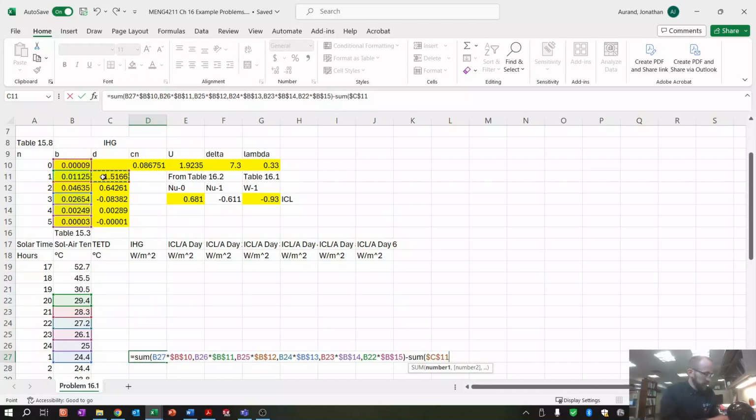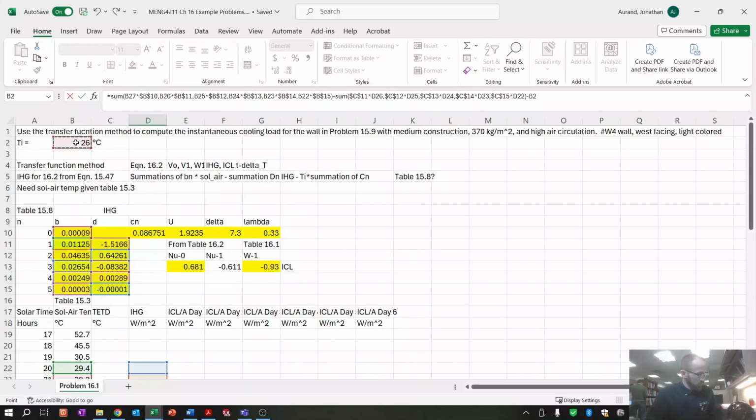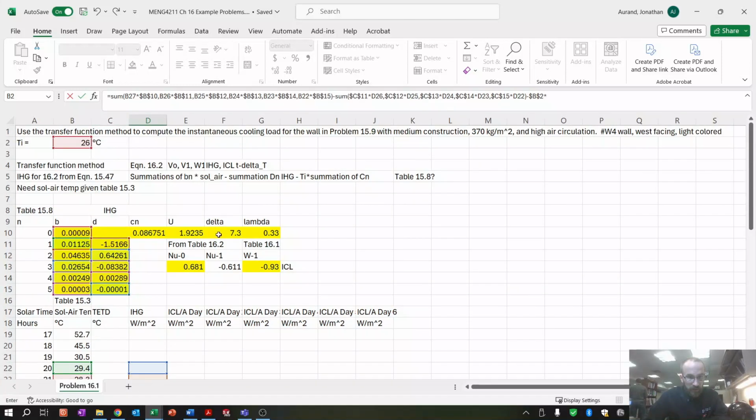So we're going to have this F4 times our previous heat gain, which is nothing right now, comma, this F4 times previous of that, comma, this F4 times that, comma, this F4 times that, comma, F4 times that, and then we take off TI, which is this guy up here, times the sum of CN, this guy.